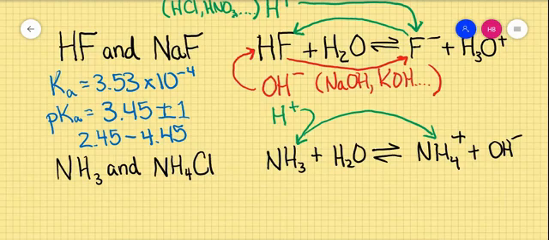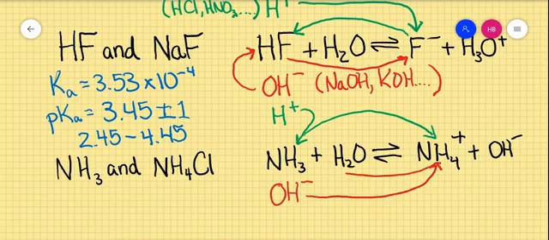If I add OH minus in the form of a strong base, it is going to seek out the weak acid and pluck off that H plus to form more water. And then it will leave behind more weak base. This is how buffer systems work.